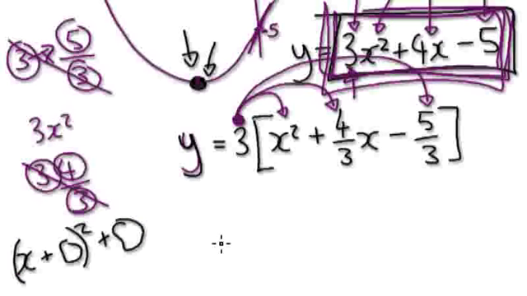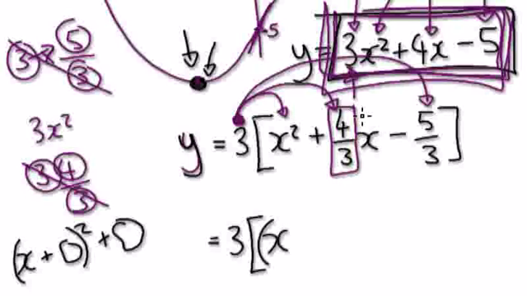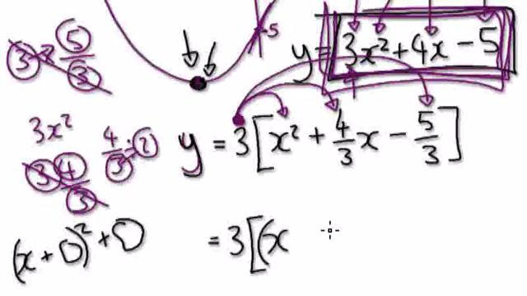So this will be 3, and then bracket x, and then I'm going to need half of this coefficient here. So half of that coefficient would be this divided by 2, and the 2 gets multiplied down here, so it will be plus 4 over 6, and then square it.